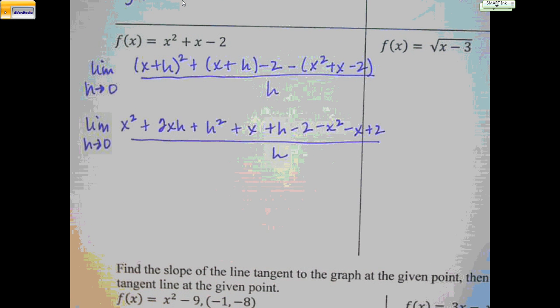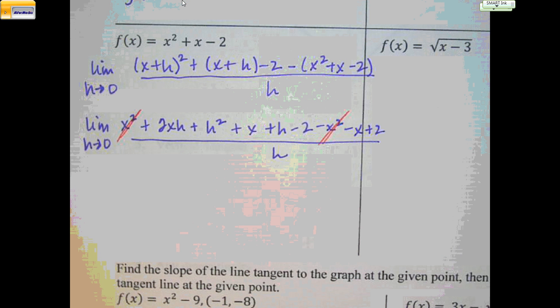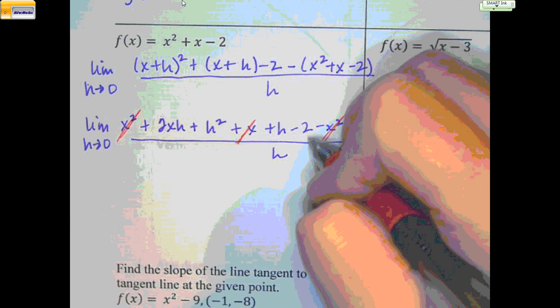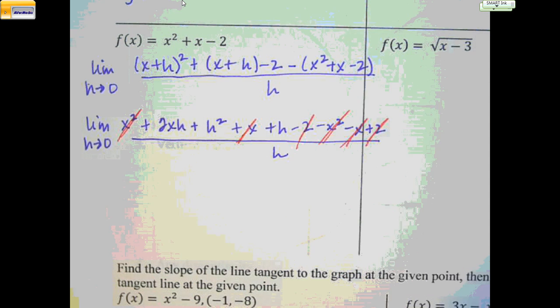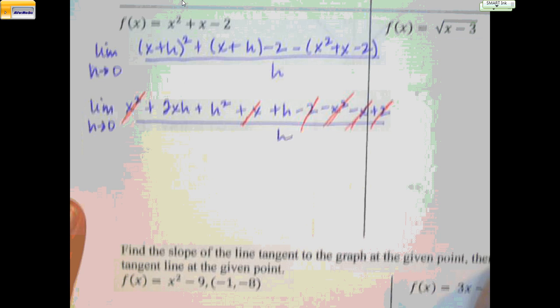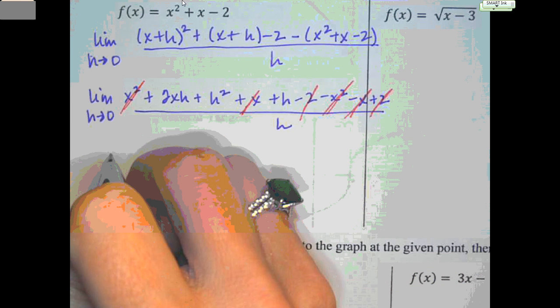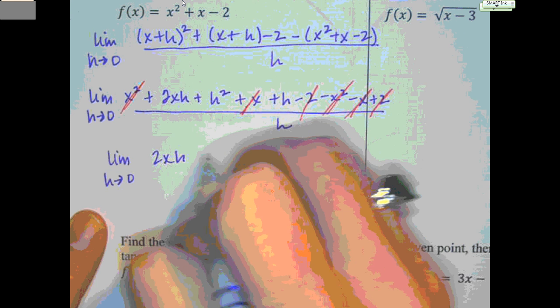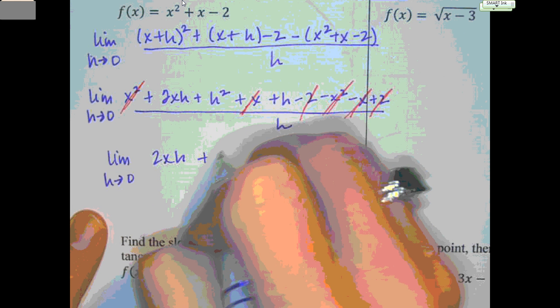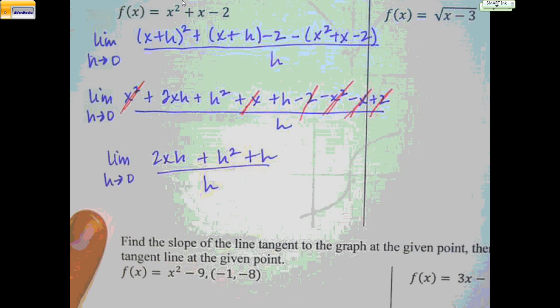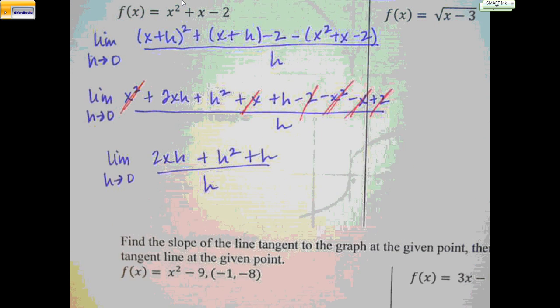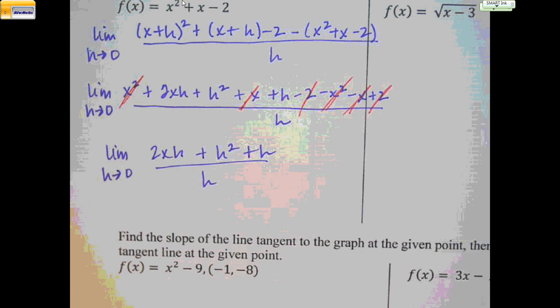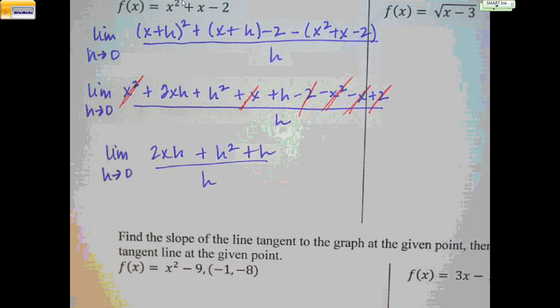You can simplify some things down. So the x squared and negative x squared go away. Positive x and negative x go away. Negative 2 and positive 2 go away. And just because this is my notes and I don't want to make myself crazy, I'm going to rewrite this. So I have 2xh plus h squared plus h, all over h. What do you do next? Cancel your h's.